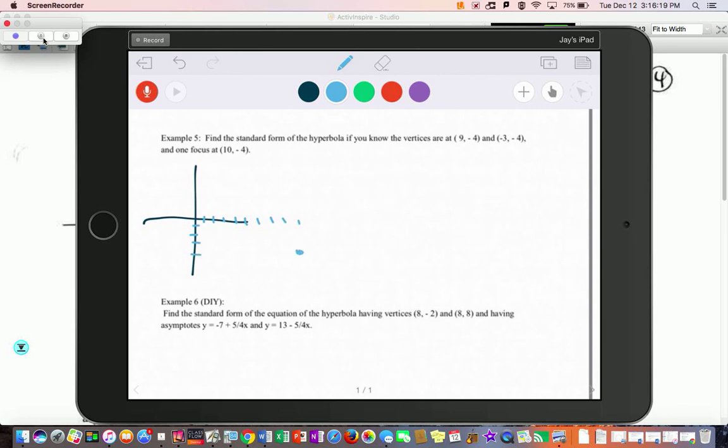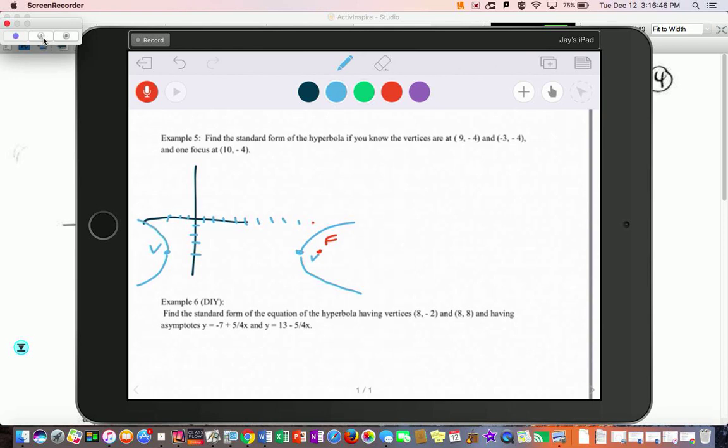So here's one vertex. -3, -4. And then you have one focus at 10, -4. So one more to the right and here. So you can see that the hyperbola would be wrapping this way.